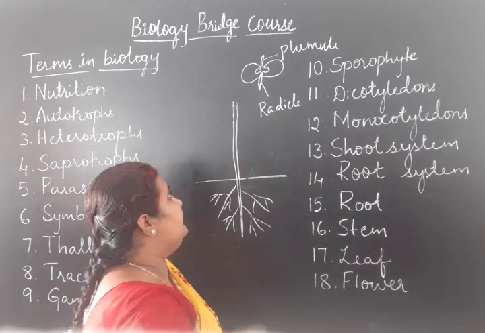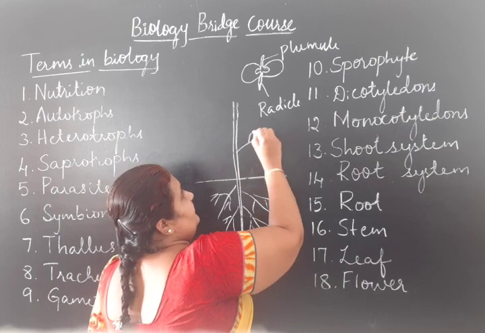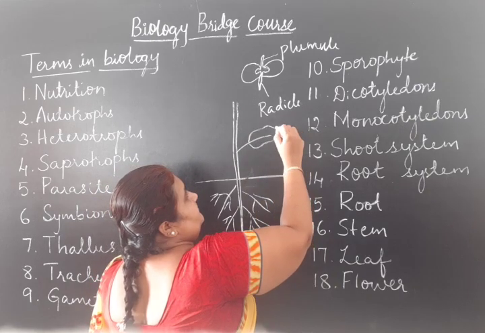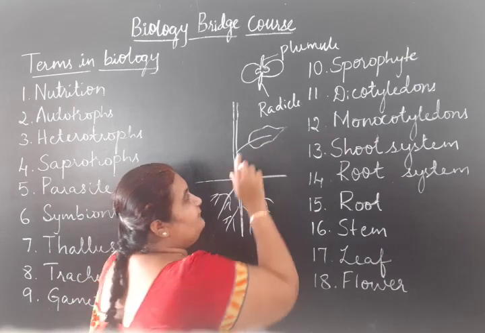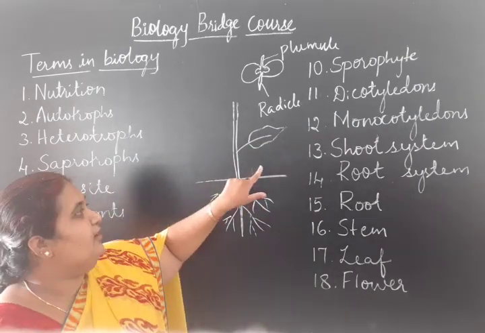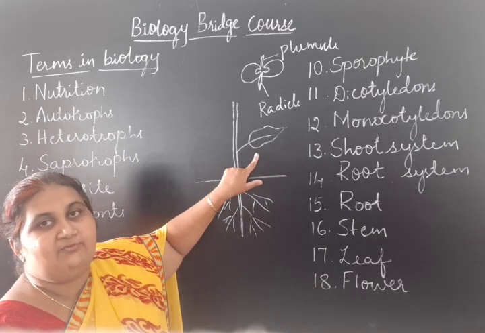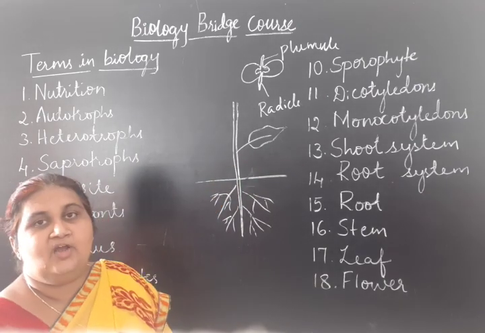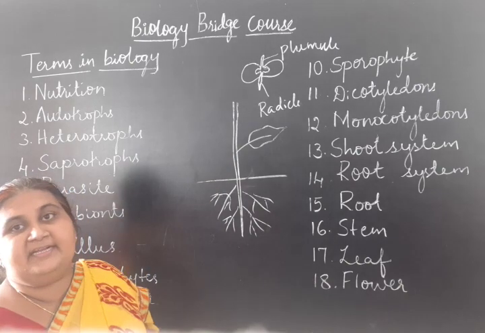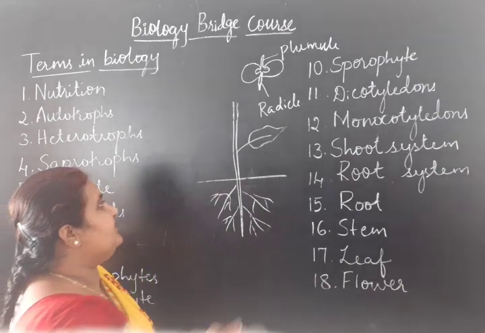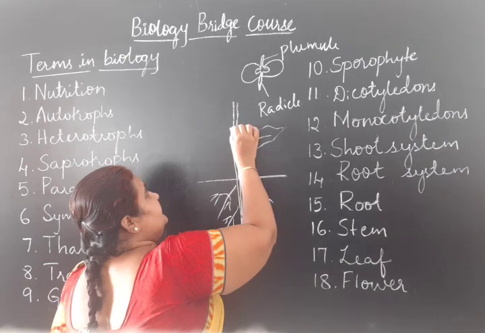Leaf. Leaf is the lateral, flattened part of the plant, a flattened structure born on a stem. Where does it develop? It develops at the node region.